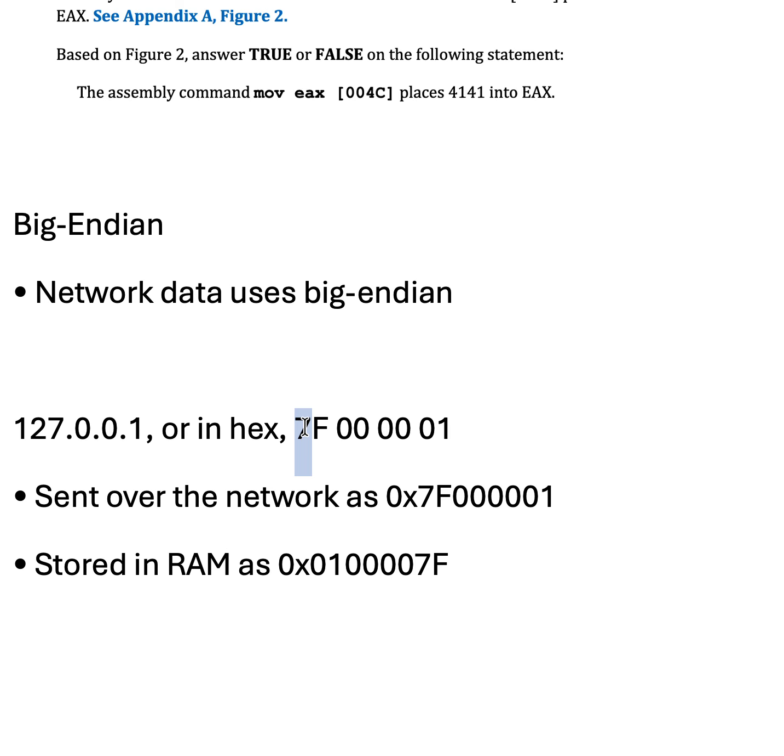So 7F would be 7 and F, and you take this binary and divvy it up into what I described as chunks, or nibbles.